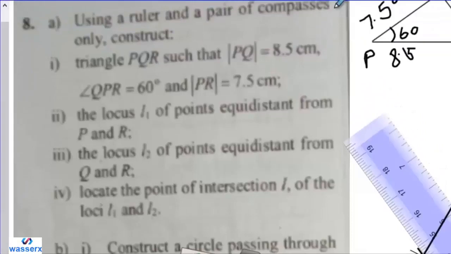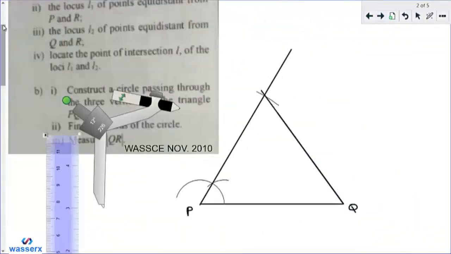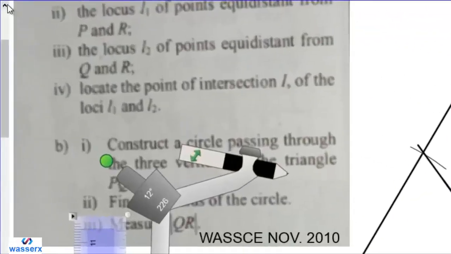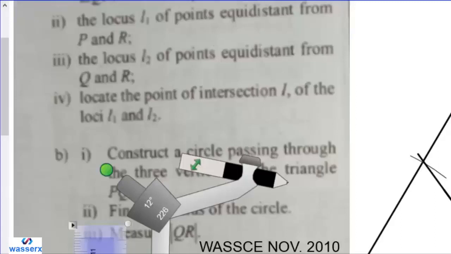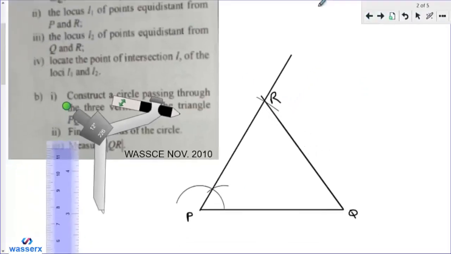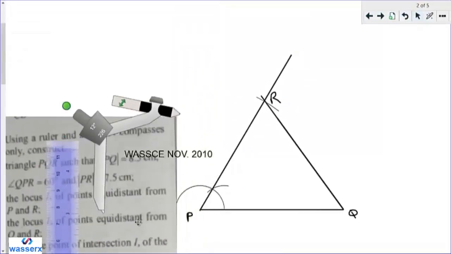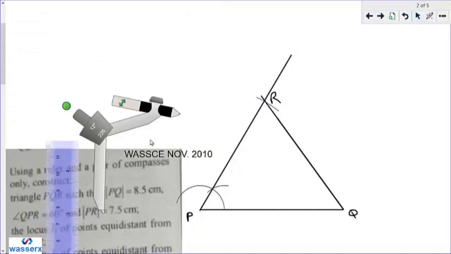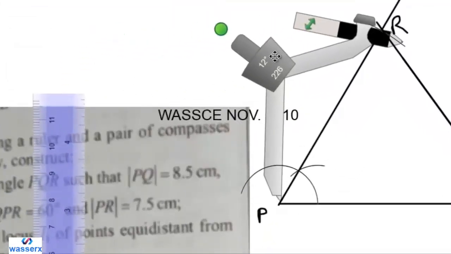Very simple. Now the next thing to do is to construct the locus of point that is equidistant from P and R. So let's move the question to this side.